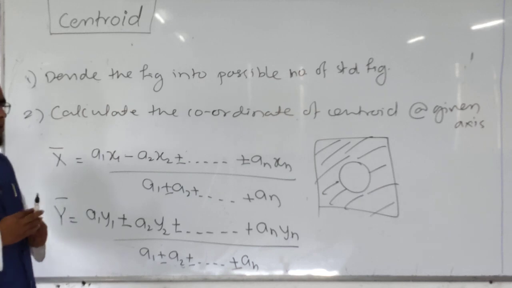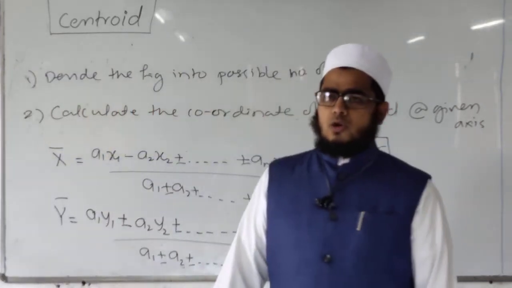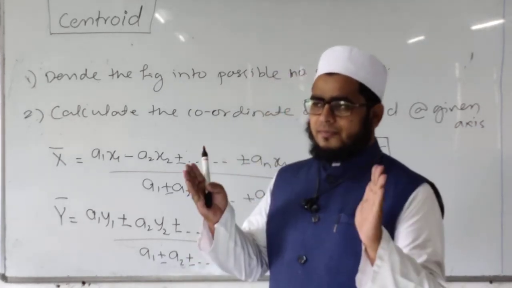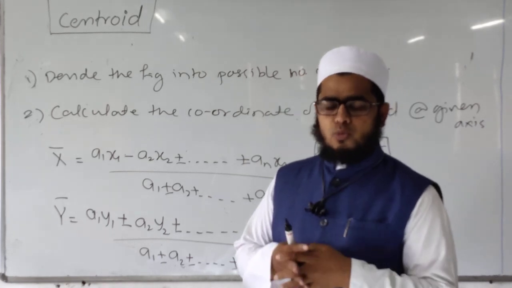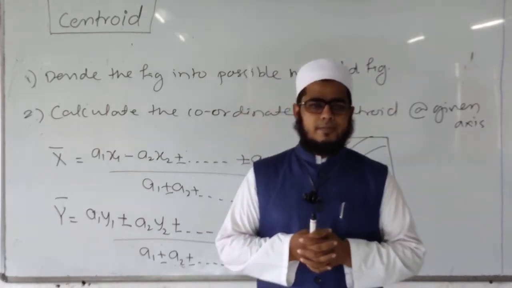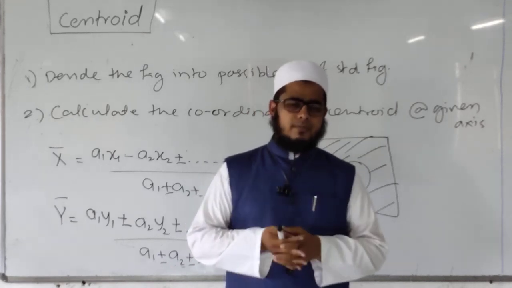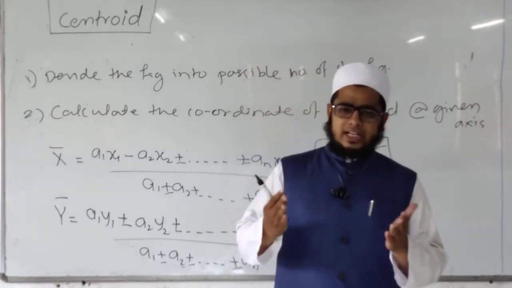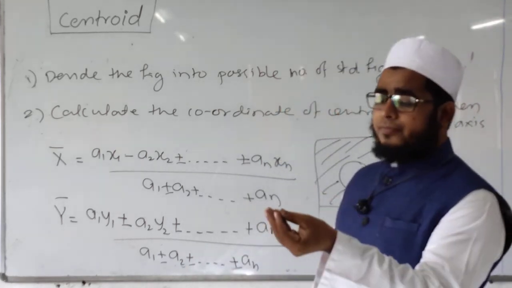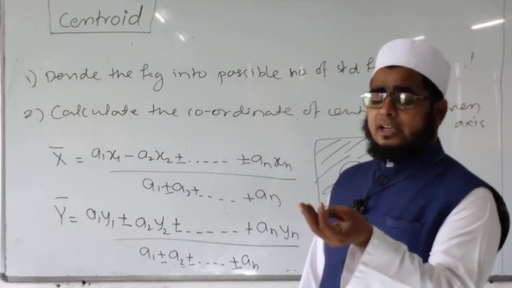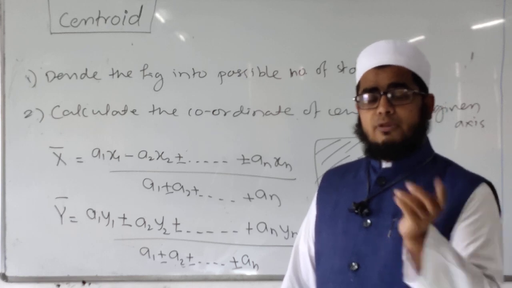I will repeat the steps of how to calculate the centroid. For calculation of the centroid, first we will see the irregular figure and we will divide it into the possible number of standard figures. It may be 1, 2, 3, 4, 5 or n number. After splitting into a number of standard figures, we will find the area, x coordinate and y coordinate of the centroid of each standard figure with reference to the given axis.